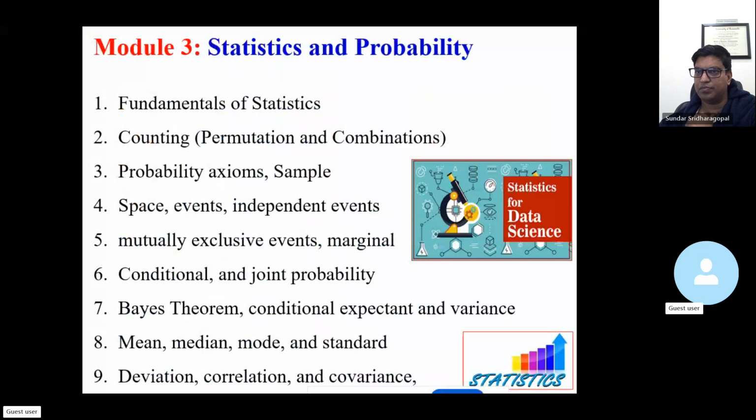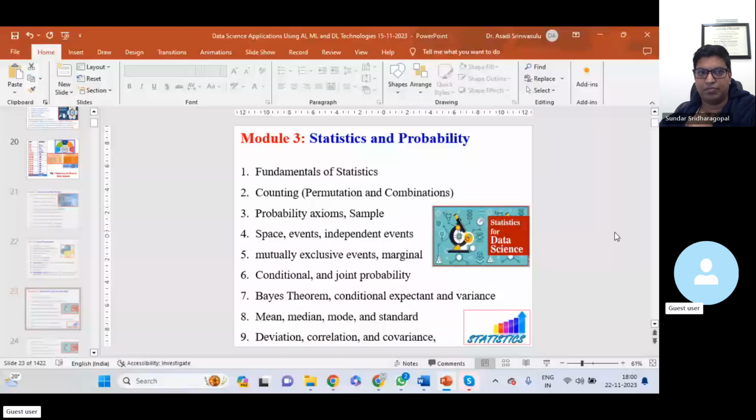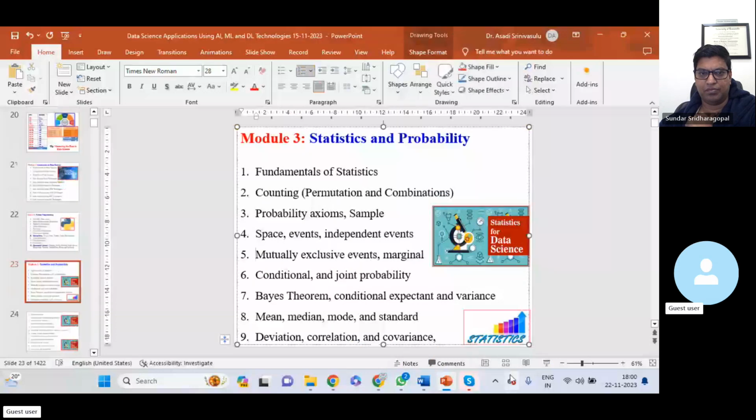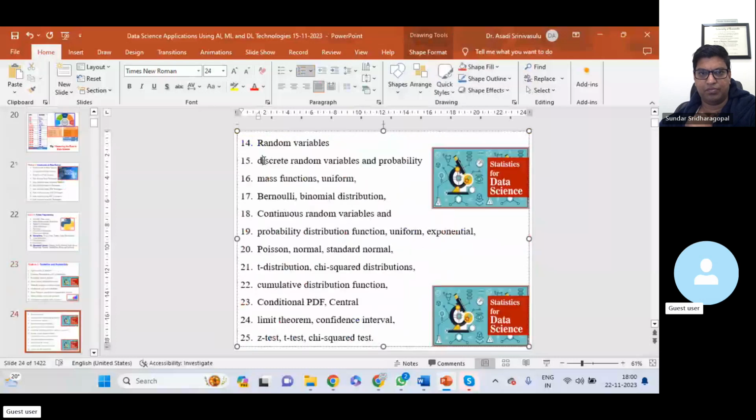And these are the statistical operations: deviation, correlation, and covariance we are calculating. Then random variables, discrete random variables we are using in order to perform various statistical operations.